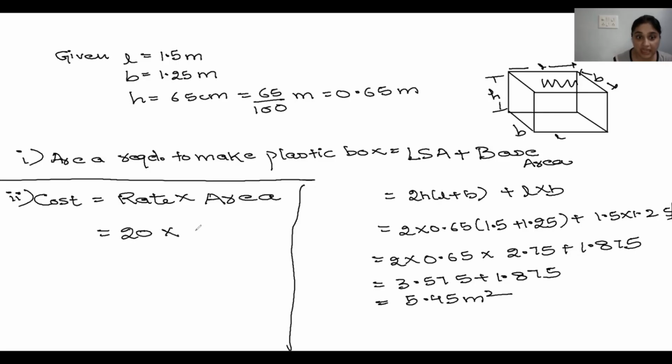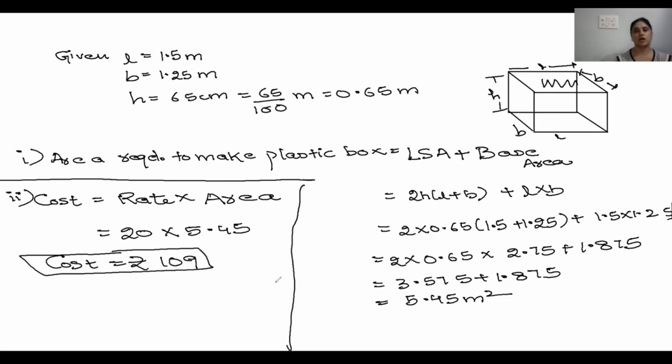And what is the area we are having? Area we are having is 5.45. Right? So it is rupees, it is equivalent to rupees 109. So cost to make that plastic box is equal to rupees 109. So this is how we have calculated this question. So I hope each one of you have understood what I am trying to tell you.